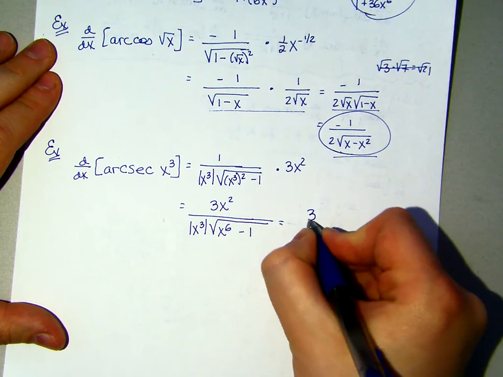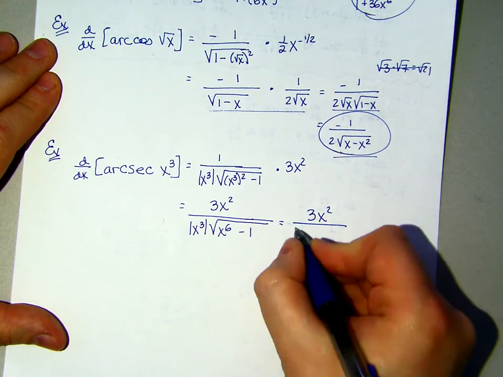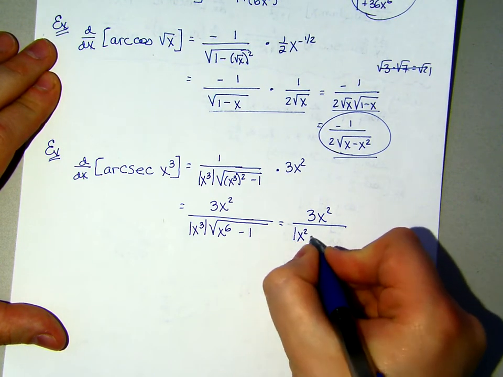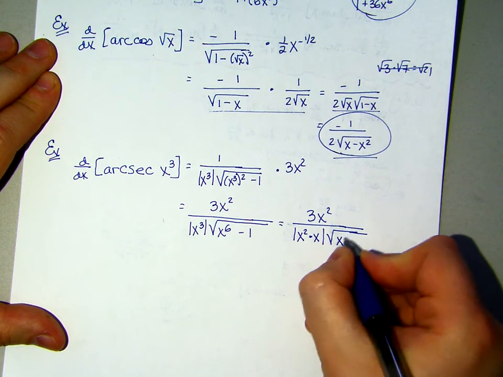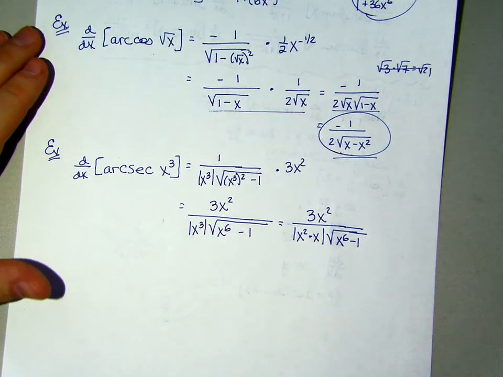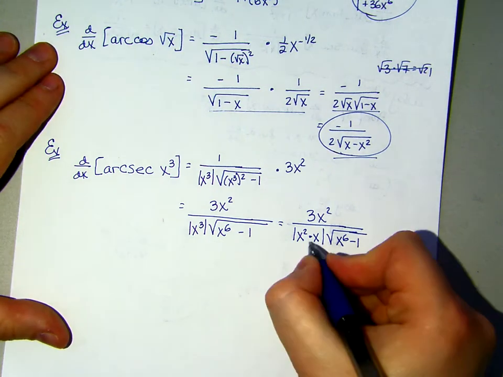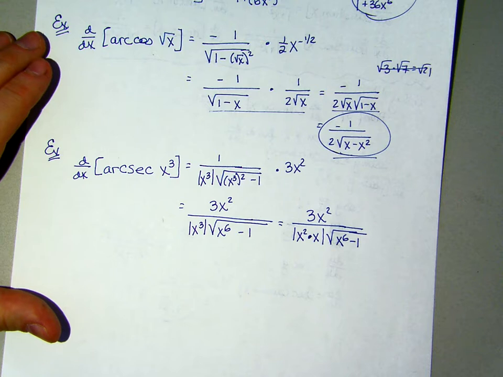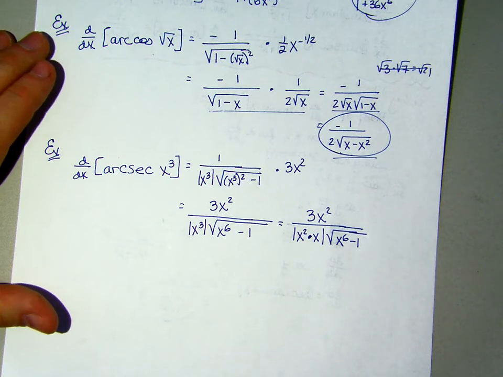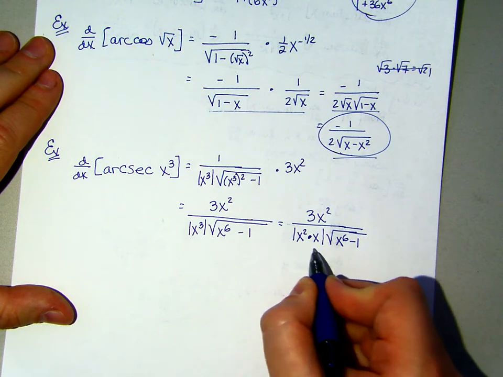I think I can write that thing on the bottom as absolute value of x squared times x times the square root of x to the 6th minus 1. What's the absolute value of x squared? Just x squared. We could get rid of the bars around that piece. Could I also get rid of the bars that are around just the x by itself?